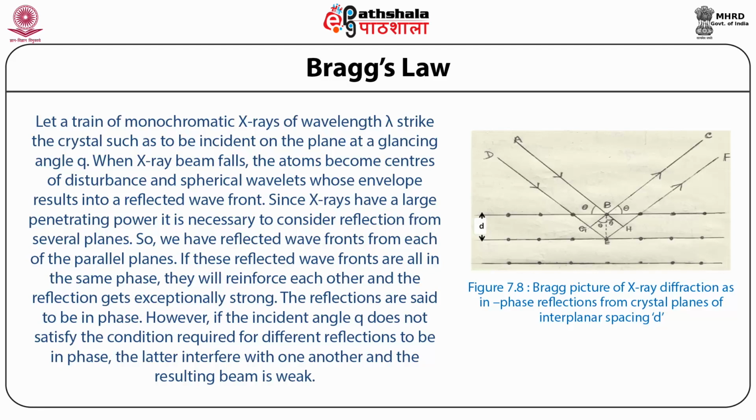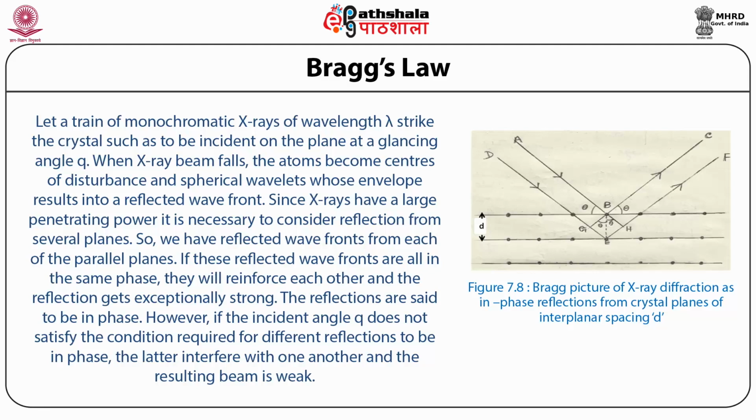Since X-rays have a large penetrating power, it is necessary to consider reflection from several planes. So we have reflected wavefronts from each of the parallel planes. If these reflected wavefronts are all in the same phase, they will reinforce each other and the reflection gets exceptionally strong. The reflections are said to be in phase.